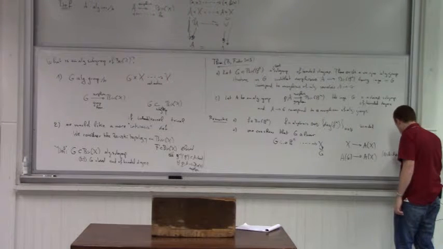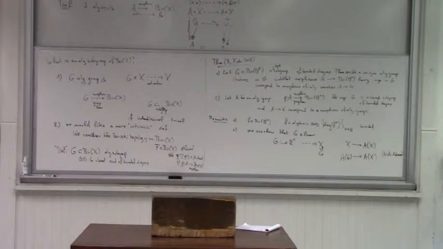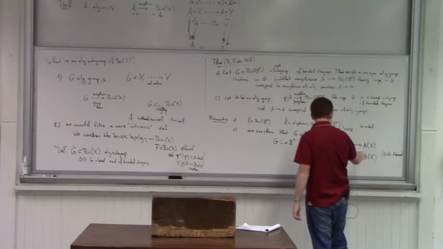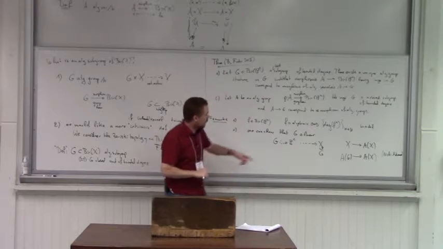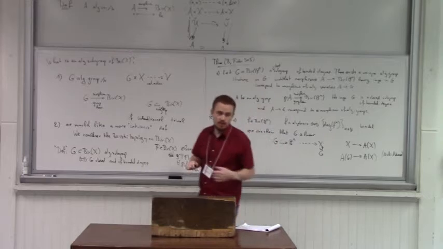I found the proof in an article of Michel, and then in this case, because X is rational, AX is trivial, so AG is trivial, and so G is linear.